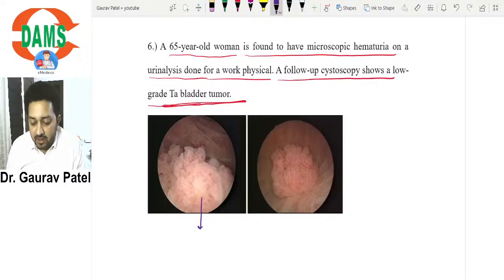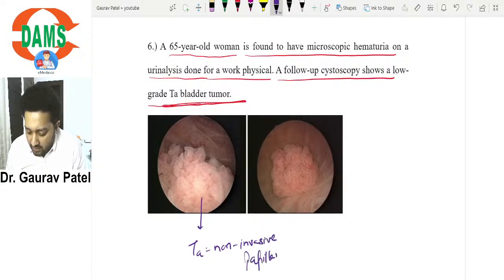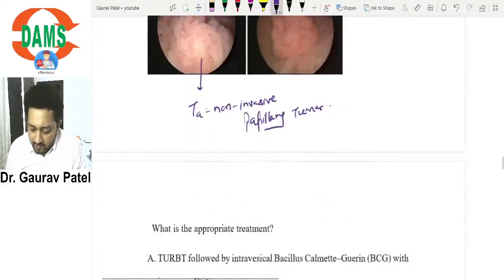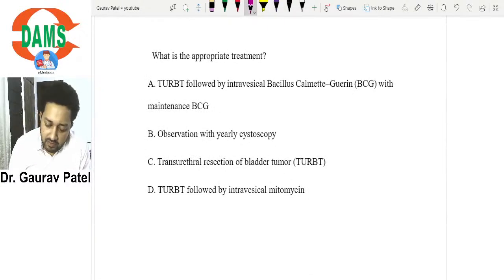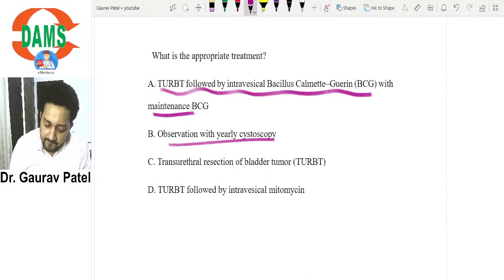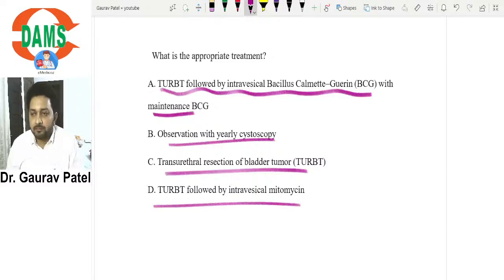Ta is a non-invasive papillary tumor of the urinary bladder. What is the appropriate treatment? These are the options in front of you. Tell me, anybody has any idea what we do in these cases?